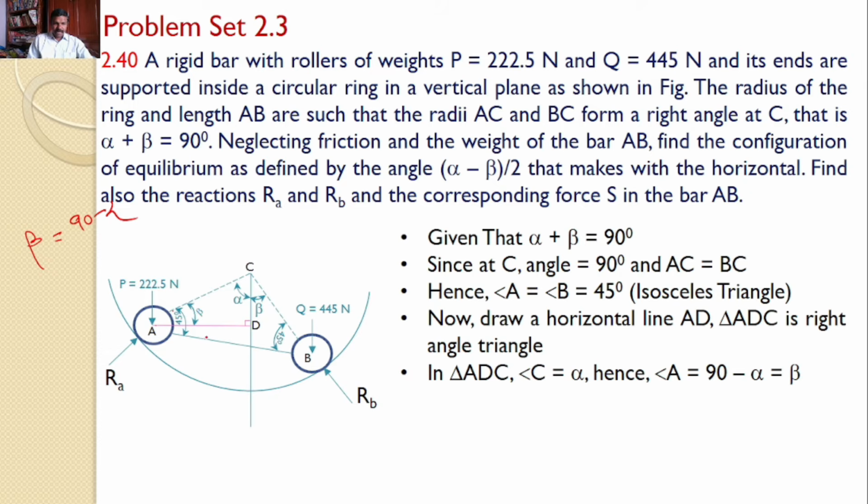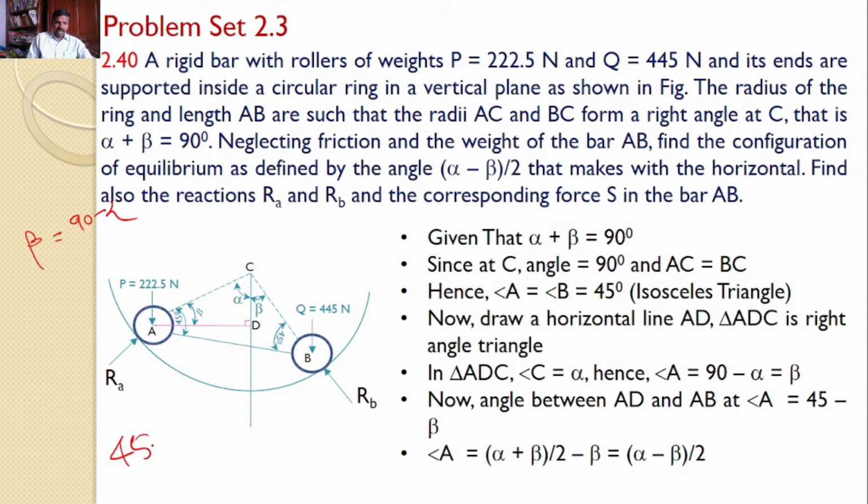If this angle is beta, what about this angle? The total angle is 45. Just now we concluded that by virtue of it being an isosceles triangle. And this angle is also, we know, beta. So this angle is equal to 45 minus beta.